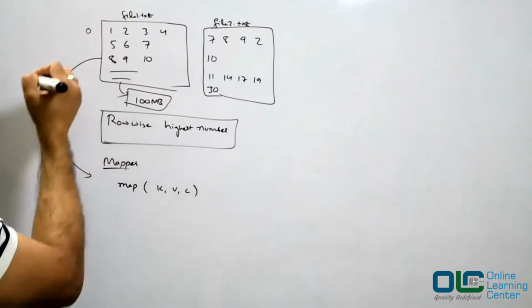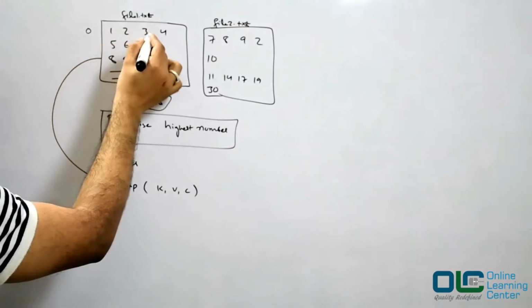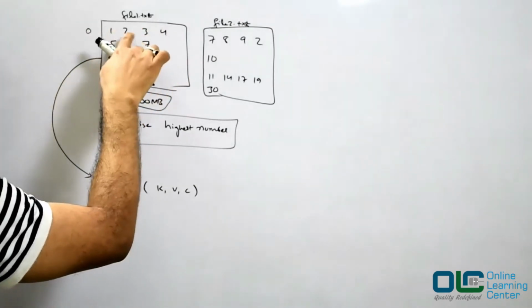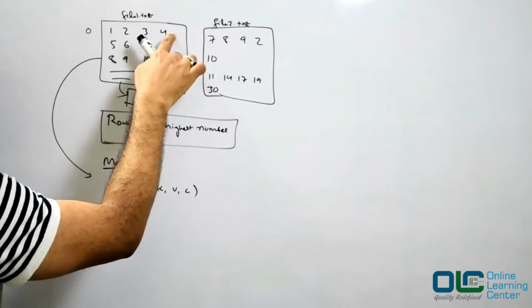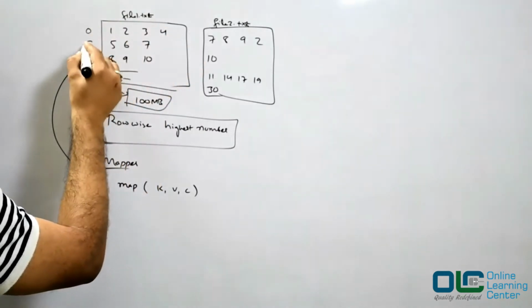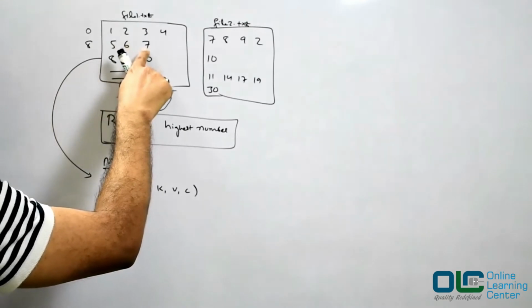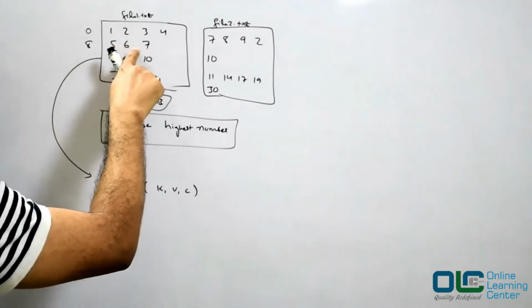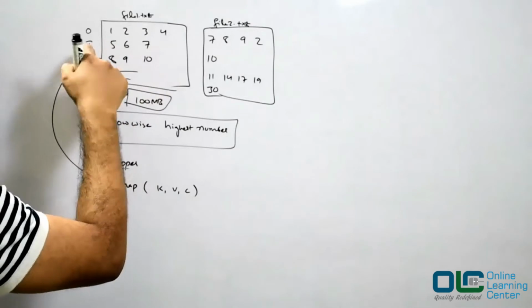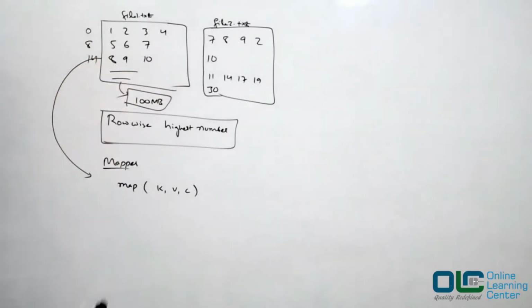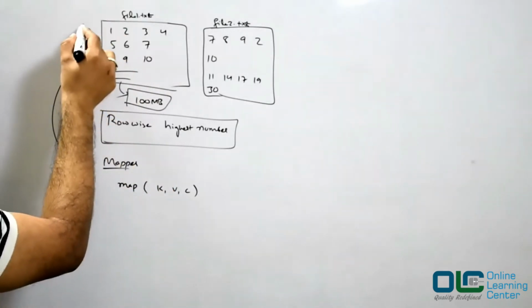Let's say 0 is the key, then the first row has 5 characters, then the next has 3 characters, so 6 plus 8 is 14, likewise. And that is what you are going to get here.